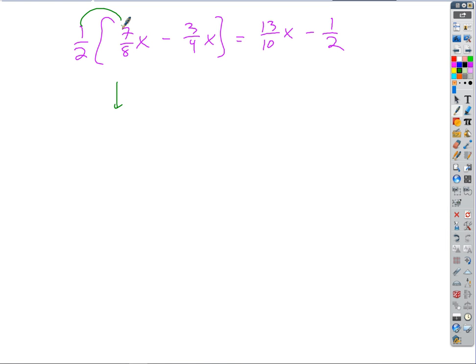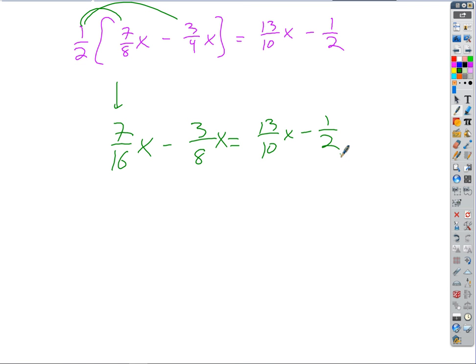One times 7 is, 2 times 8 is, so I must get 7/16 x. 1/2 times 3/4, I'm going to get minus 3 over 8, good, x, equals 13/10 x minus 1/2.